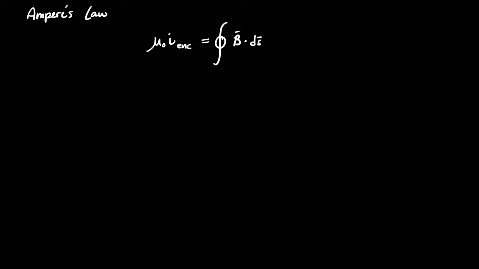But Ampere's law states that for any closed loop, the sum of the magnetic field along that loop will be equal to the enclosed current inside that loop.